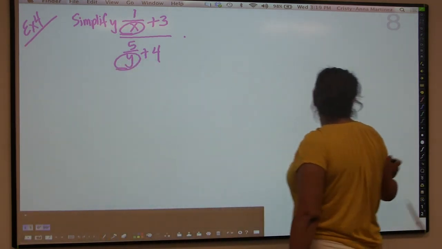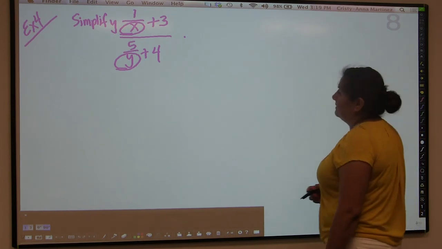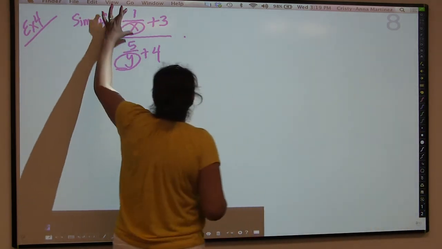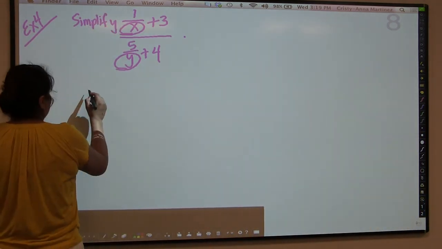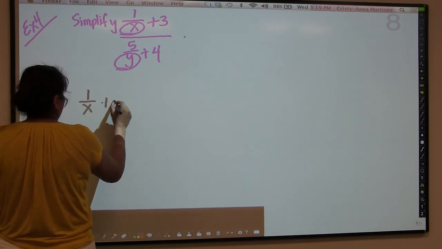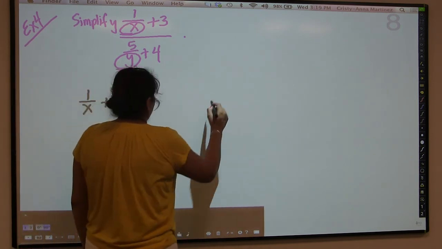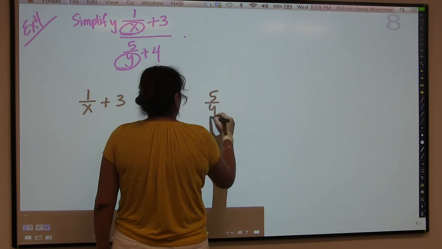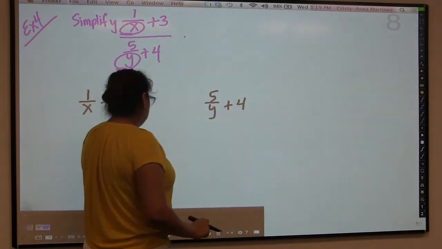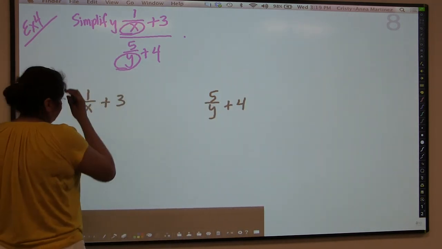What I'm going to do is deal with each thing on its own. So I take the numerator, 1 over x plus 3, and the 5 over y plus 4, and try to find a common denominator.